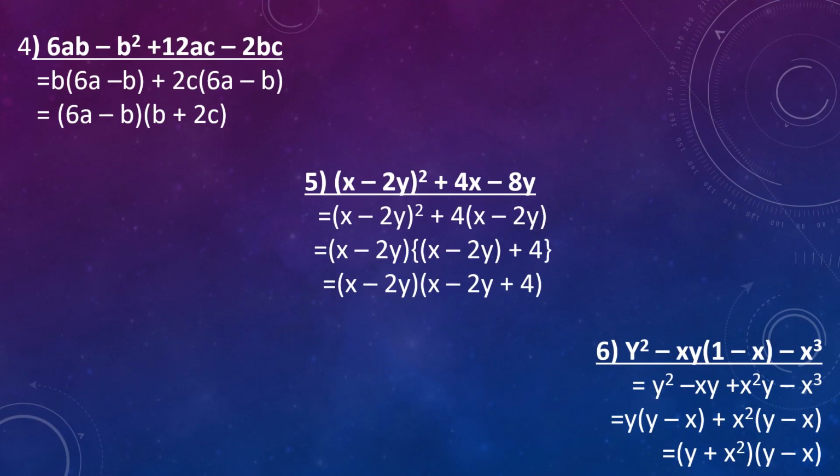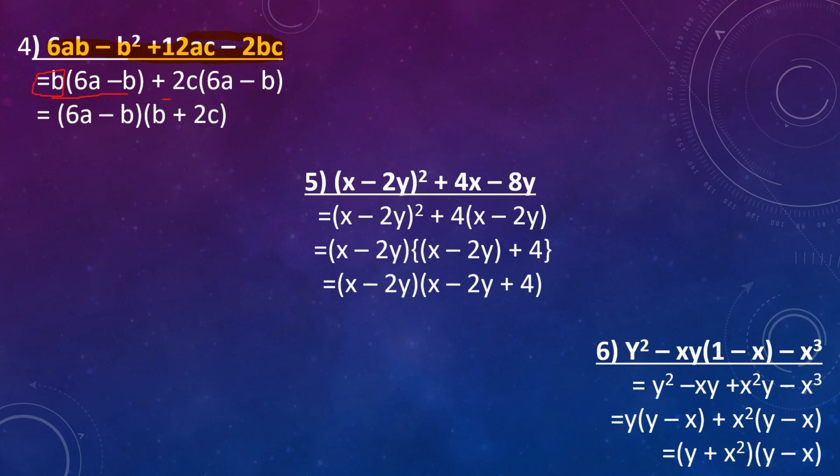The next is 6AB minus B square plus 12ac minus 2bc. There is no problem. You group the term as they are written, 6ab and b square in one bracket and 12ac minus 2bc in the same bracket. Fine, so from first bracket I have taken b common because I could take out only b.